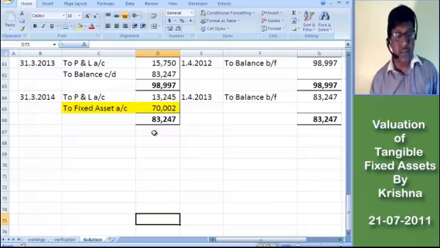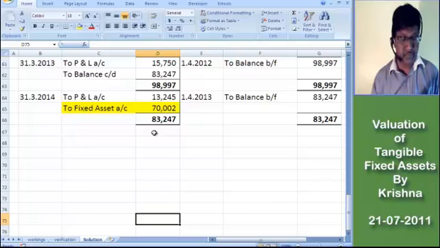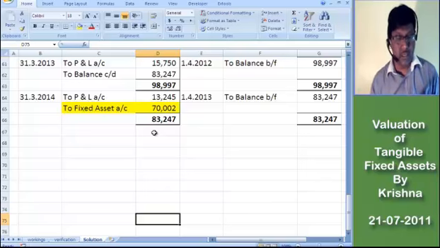Decrease in the net book value is charged to profit and loss account in the year in which downward revaluation was done. Whenever we are going to reduce the fixed asset value for the first time, we debit profit and loss account and credit the asset account. So the value is getting reduced.